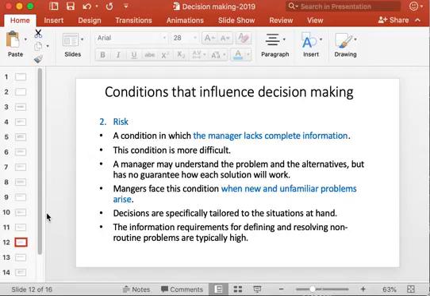Or, in other words, decisions will have to be specifically tailored to the situations at hand. And the information requirements for defining and resolving such problems are typically high in case of risk condition.